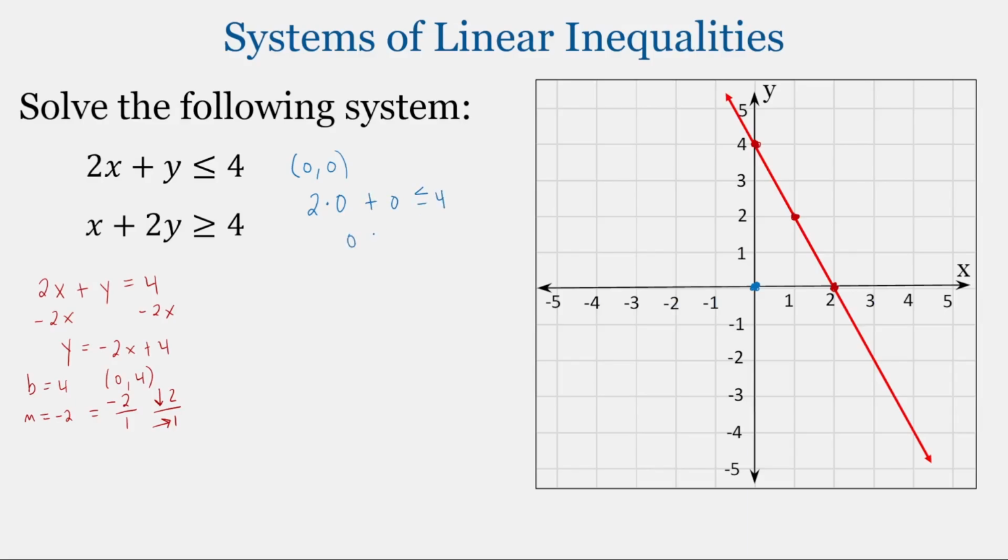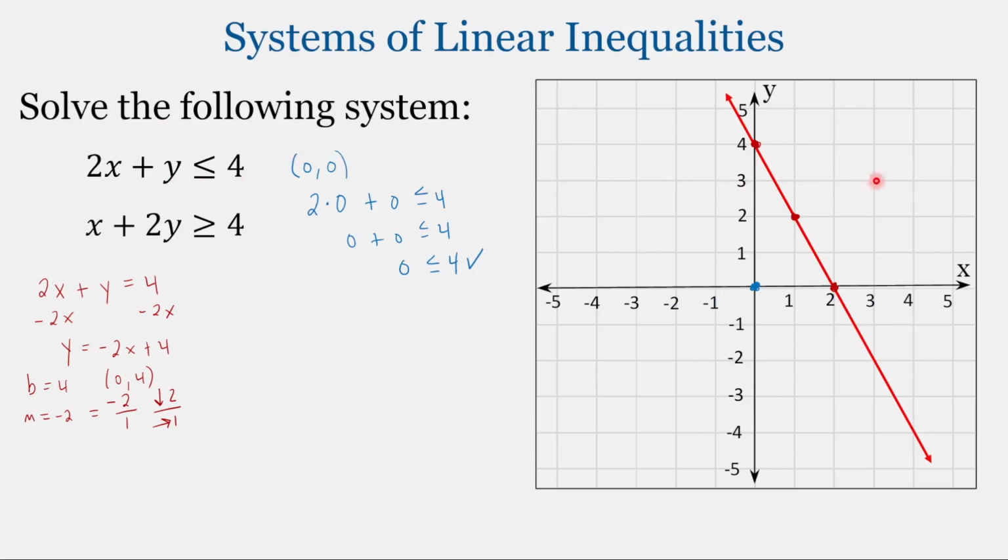Well, this is 0 plus 0 less than or equal to 4, so 0 less than or equal to 4. And that's a true statement. So if the ordered pair (0, 0) results in a true statement, then all the ordered pairs on that side of the boundary line will also result in a true statement when we plug them back into this inequality.